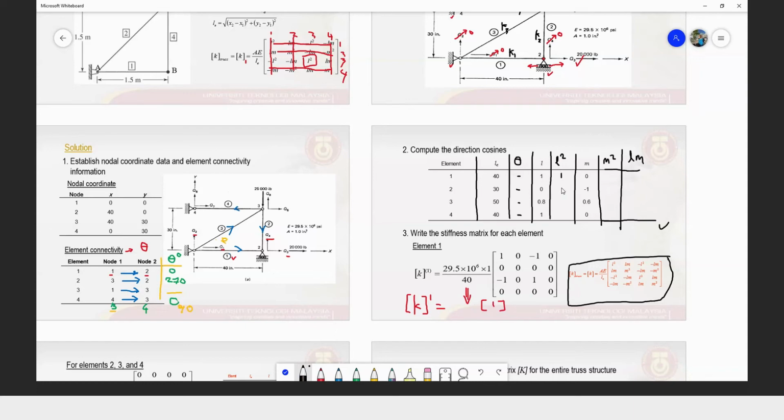You have 1, 0, 0.64, and then 1. And the same for the M: 0, 1, 0.36, and 0. L multiplied by M: 0, 0 multiplied by negative 1, 0, 0.8 multiplied by 0.6, you calculate it here. 1 multiplied by 0, you have 0.